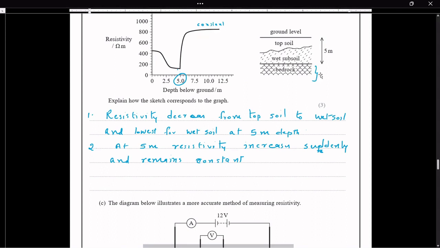That means it indicates that below 5 meters, there is a constant depth of bedrock.